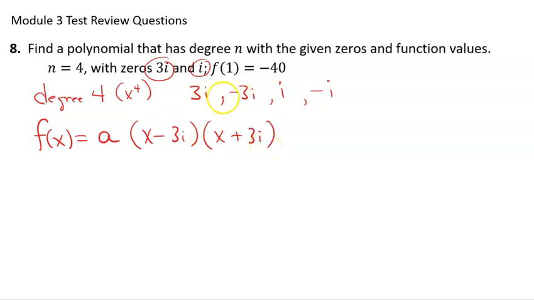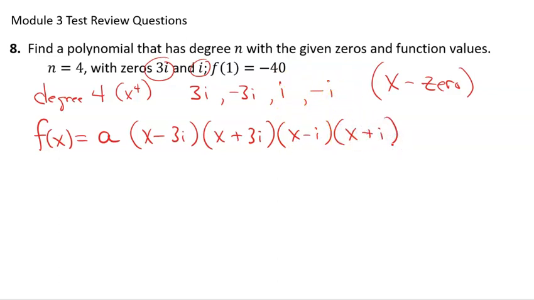Basically, it's always x minus your zeros. Don't forget that. In parentheses is x minus your zero. Not x minus the number 0, but x minus these values. And then next from here, that's x minus i. And then the last one in the list, that's going to be x plus i.